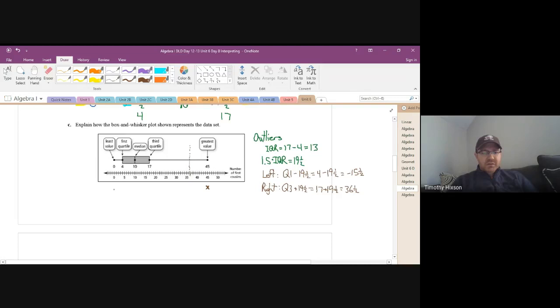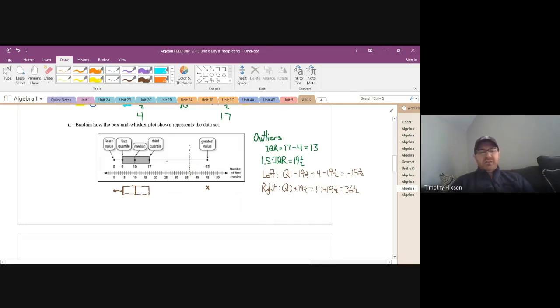So here at 0, I've got my least value, my Q1 is at 4. So there's my whisker. And then my median is at 10. My third quartile is 17. All right, so you can see all this is staying the same. In fact, the box will always stay the same.